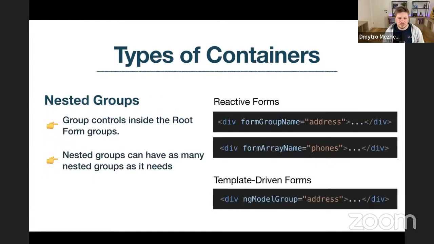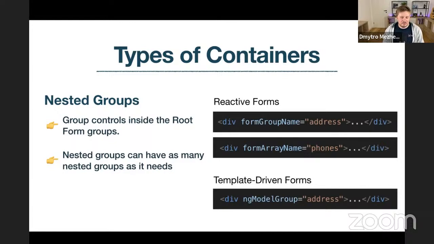Regarding the nested groups, we have the following situation. Those are groups that exist inside root groups. So this is if you want to group some related controls, like address, whatever. For reactive forms, you use the form group name directive, and also the form array name directive, if you use the form array model for that, of course.